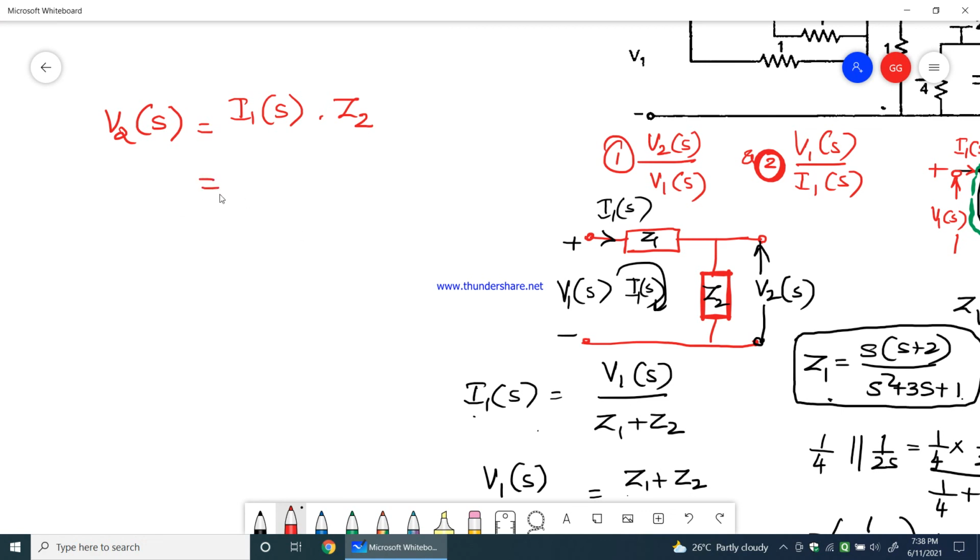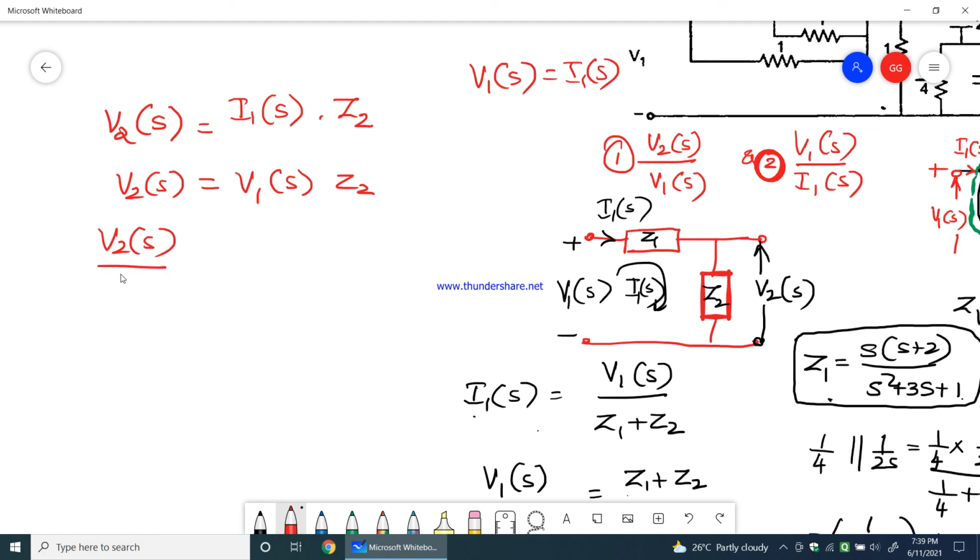Now we got V1 of s by I1 of s equals 1. Therefore I can say V1 of s equals I1 of s. Therefore V2 of s equals V1 of s into Z2. Therefore V2 of s by V1 of s would be equal to Z2.